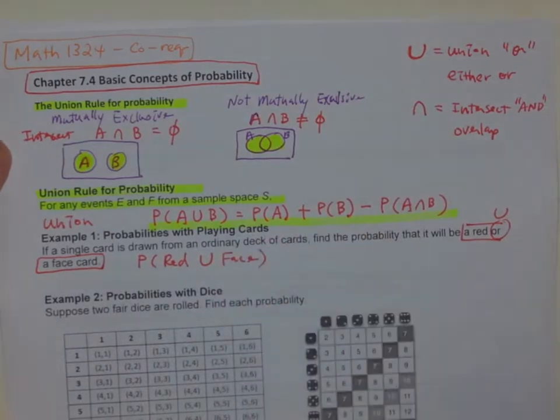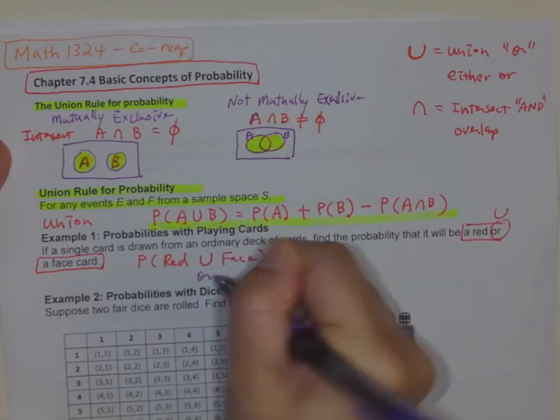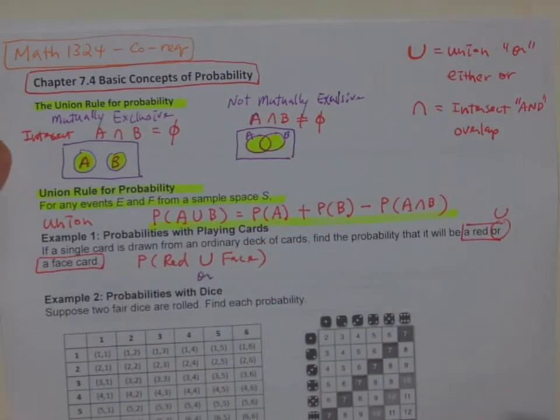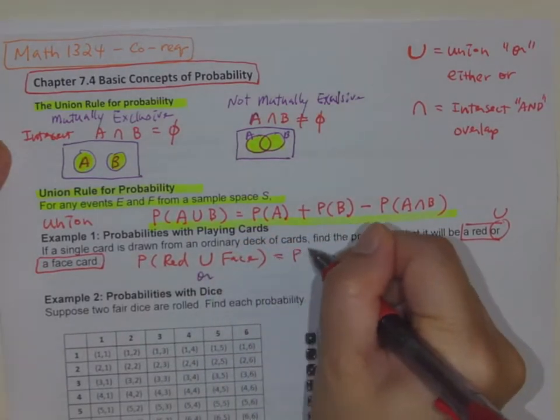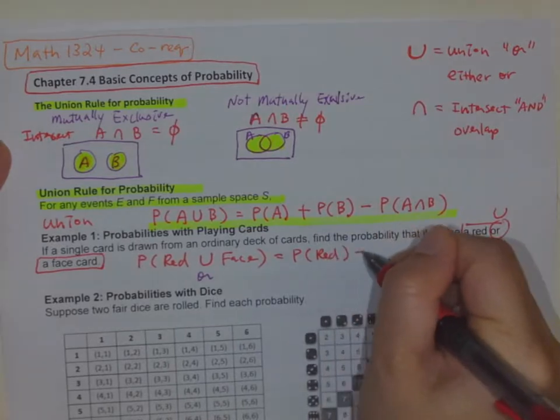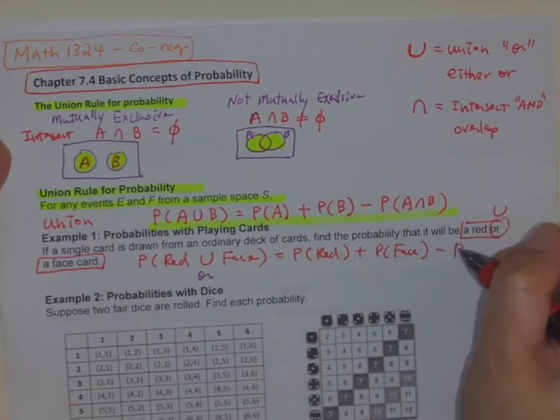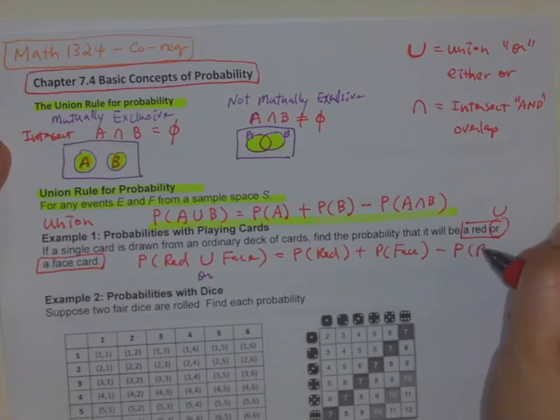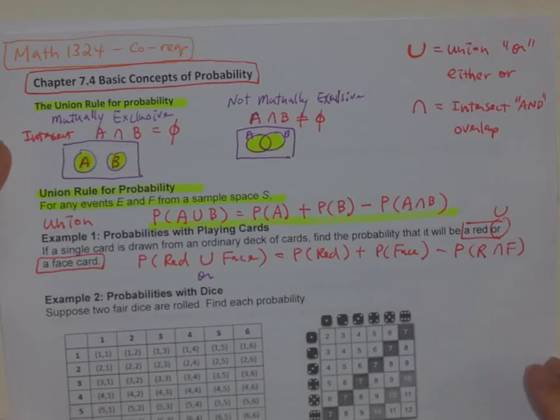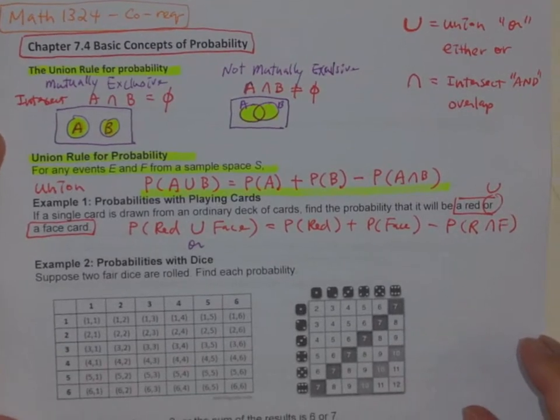It's important to know those keywords. This is "or." So I'm going to need the probability of red cards, adding the probability of the face cards, and then subtract anything they have in common, both red and face card, if they overlap, which I think they do.